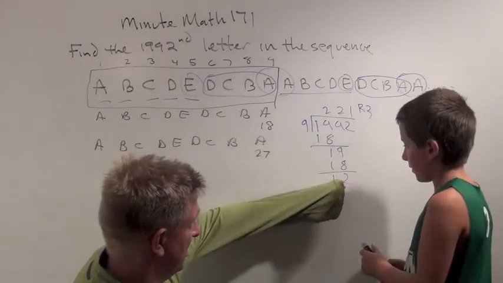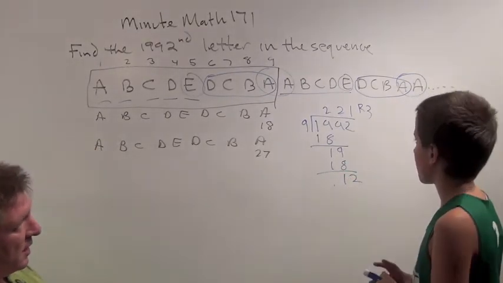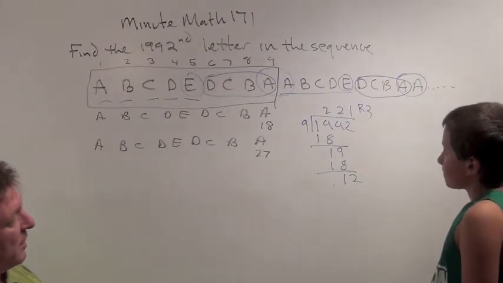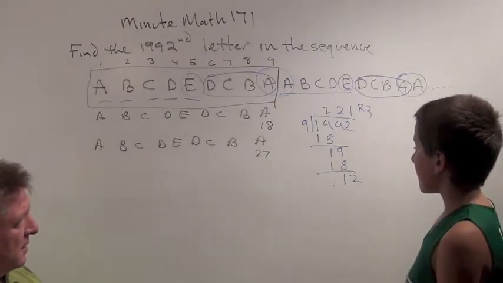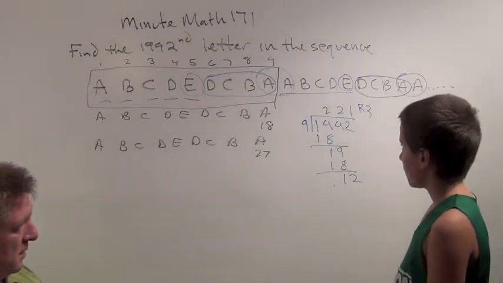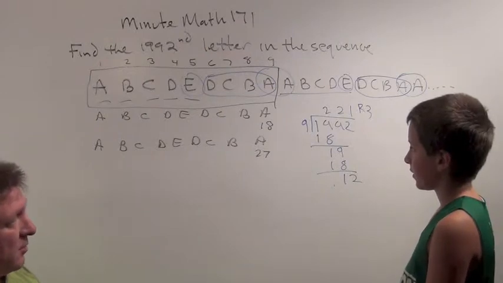So I've got to put the 1 there and then bring the 2 down. So it goes 221 times with a remainder of 3. What does that mean now? That means 1989 would be 9 times 221.